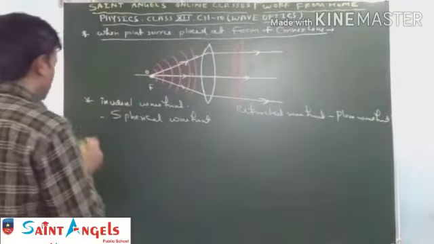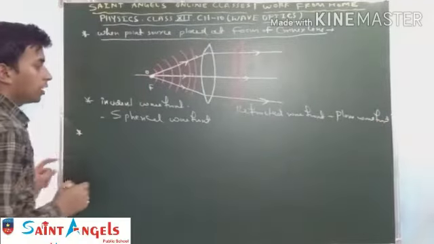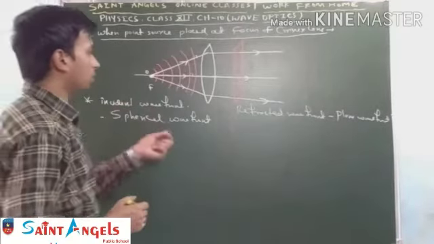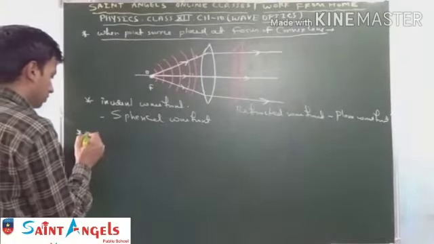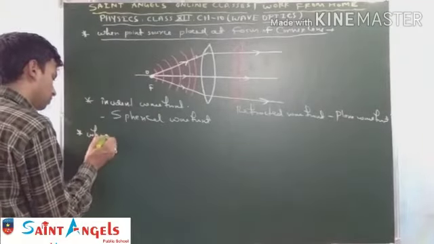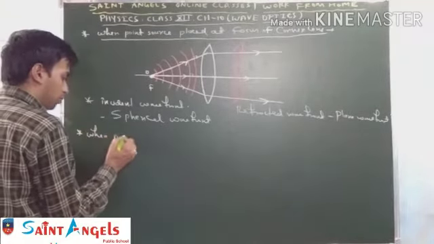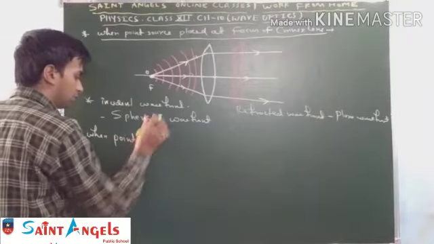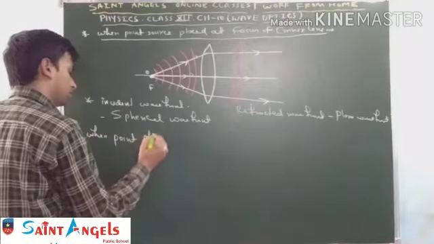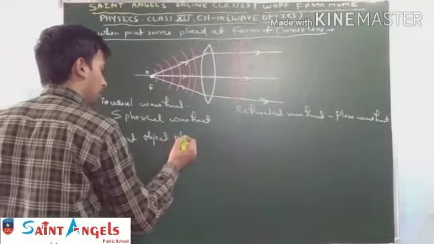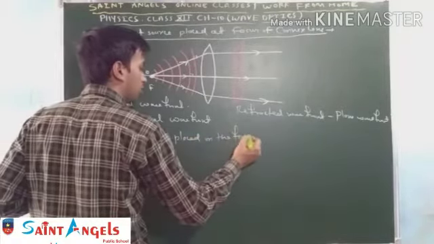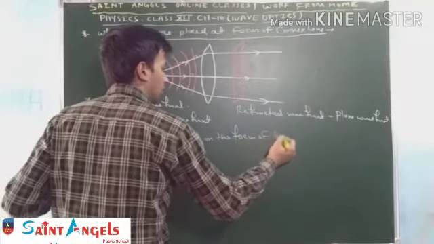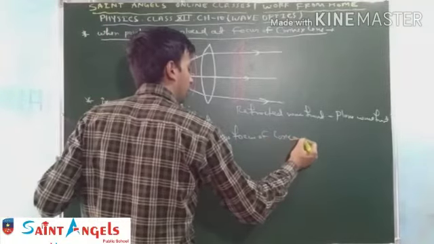Now understand what happens when the point object is placed at the focus of a concave mirror.